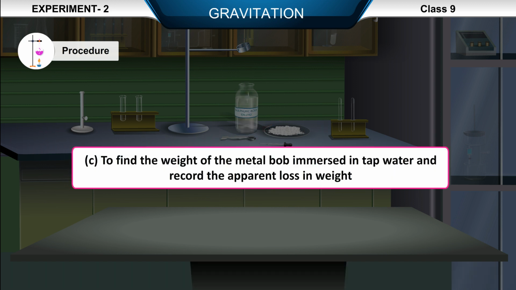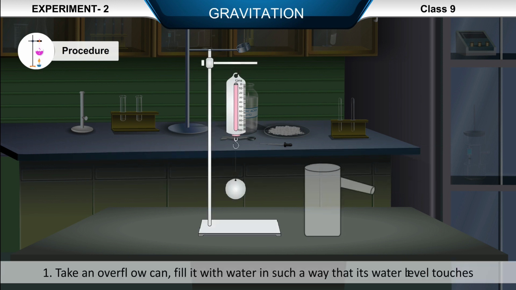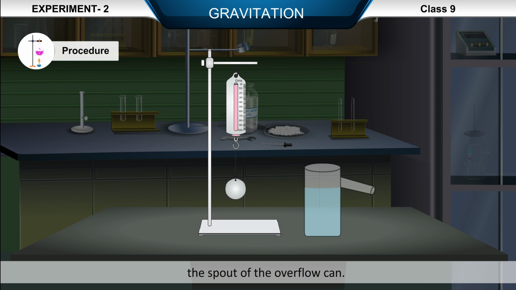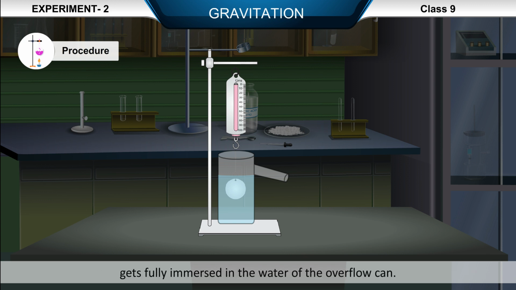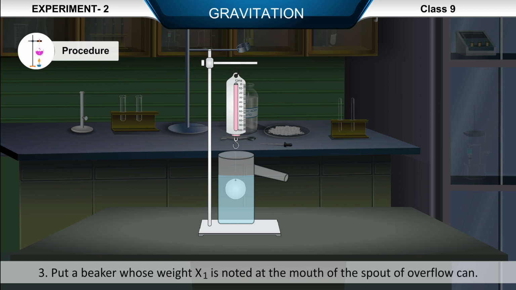C. To find the weight of the metal bob immersed in tap water and record the apparent loss in weight. 1. Take an overflow can. Fill it with water in such a way that its water level touches the spout of the overflow can. 2. Keep the overflow can under the spring balance in such a manner that the metal bob gets fully immersed in the water of the overflow can. 3.